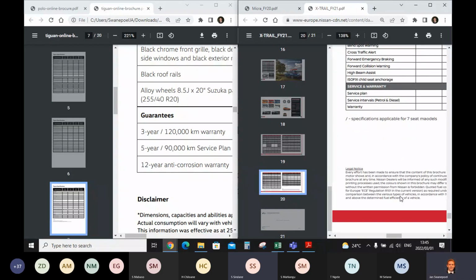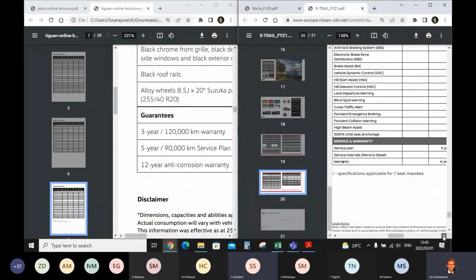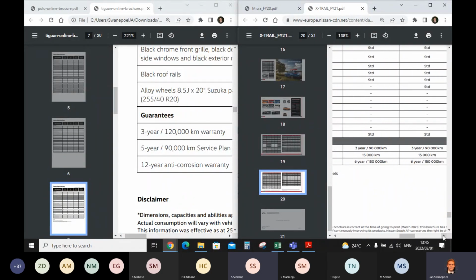service and warranty. So service plan and warranty on the X-Trail, and here is where the catch comes. So the top one is service plan. So VW's got a 3-year, 120,000 kilometer warranty, whereas the X-Trail has a 6-year, 150,000 kilometer warranty. So you can see the difference there, in terms of cost or investment from the producer.